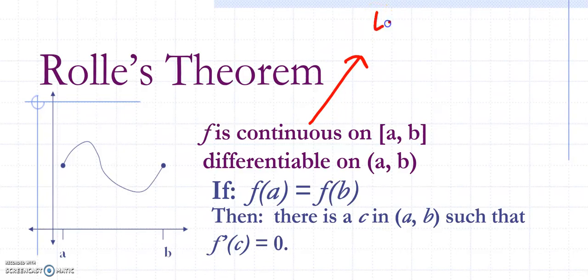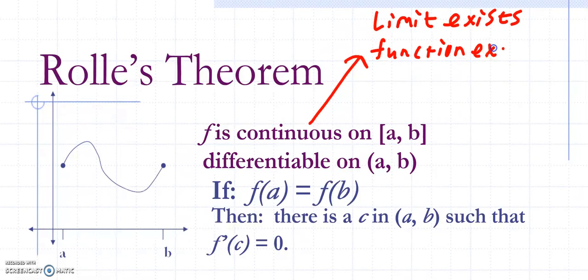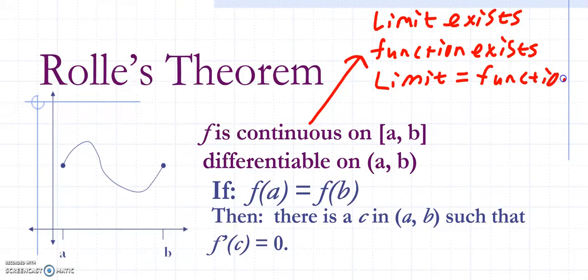Remember, continuous means the limit exists everywhere, the function exists everywhere, and the limit equals the function value everywhere.